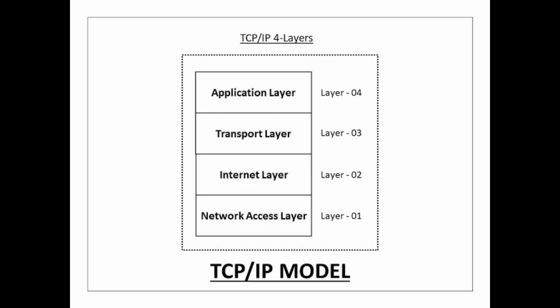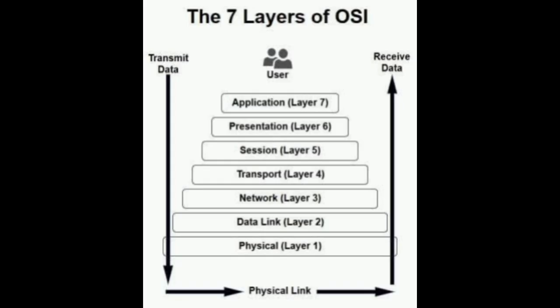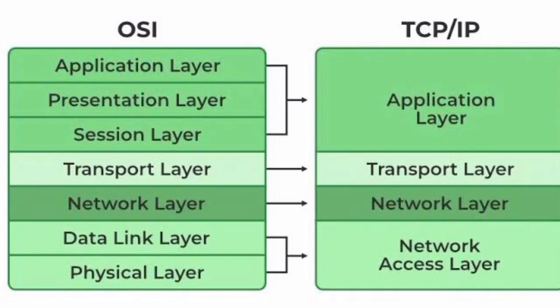The TCP/IP model is able to explain how communication works in the network from the application phase to the transport phase, to the internet phase, to the network access phase. But in the OSI model, we're able to understand a deeper aspect. For example, the application layer in the TCP/IP model is represented in the OSI model by application, presentation, and session.